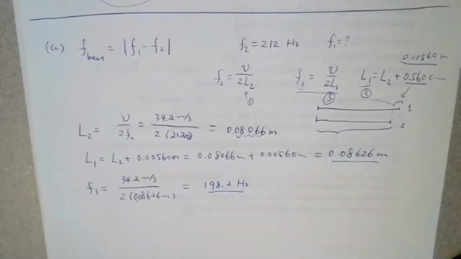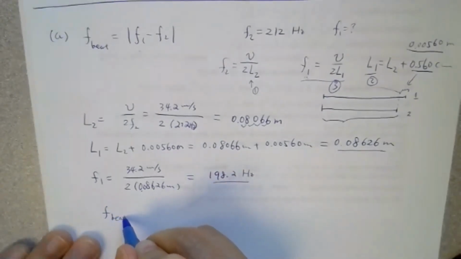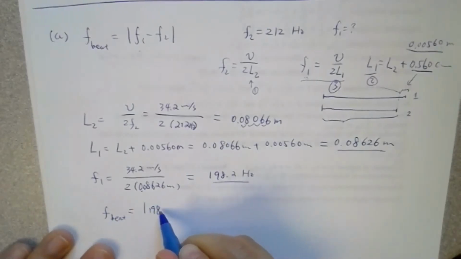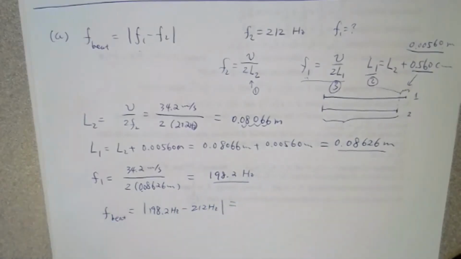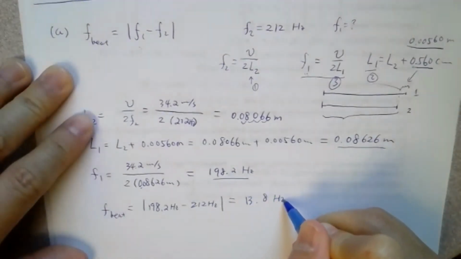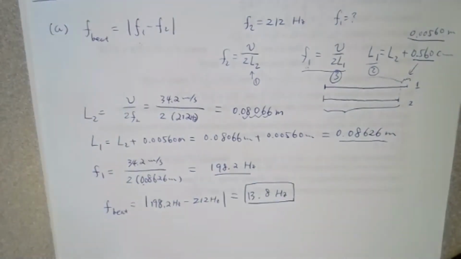Once you have that, you can calculate your beat frequency. The beat frequency is equal to the absolute value of the difference of the two, 198.2 minus 212 hertz. That gives you 13.8 hertz for the beat frequency.